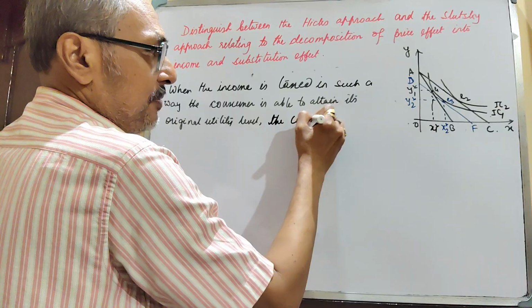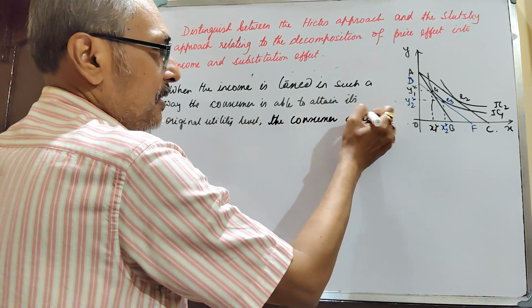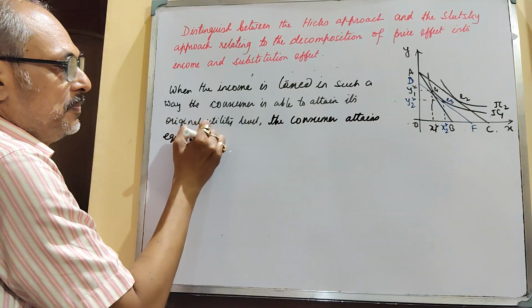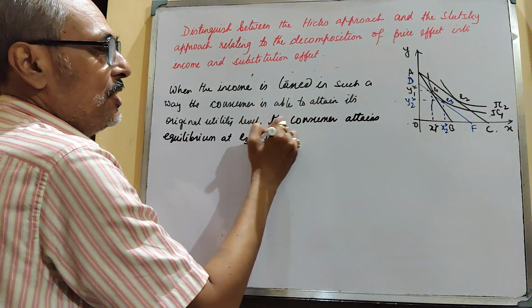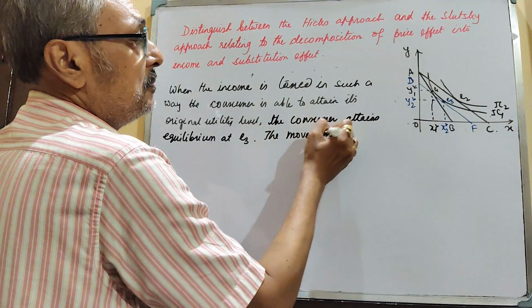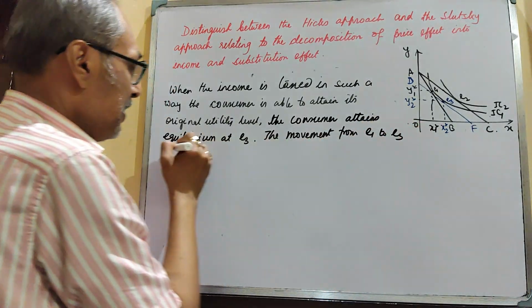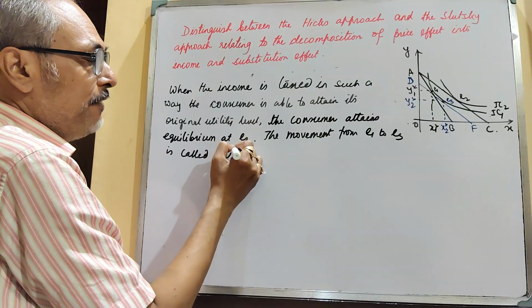The movement from E1 to E3 is called substitution effect.